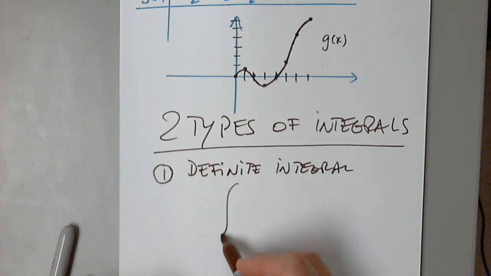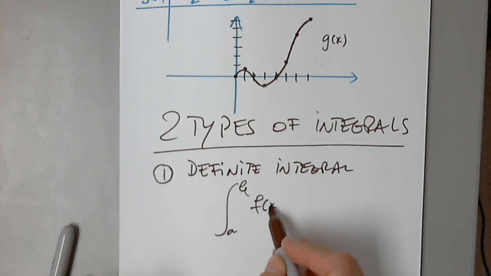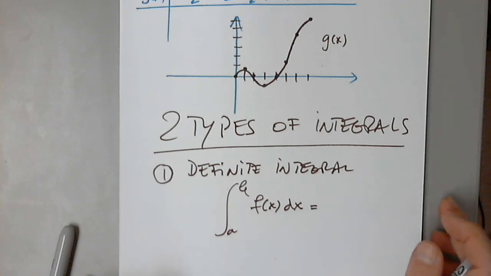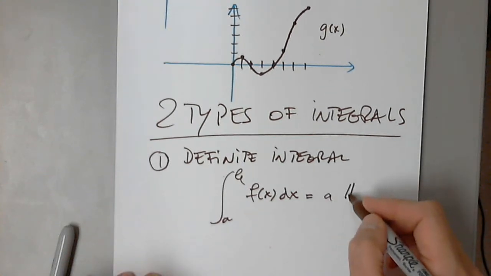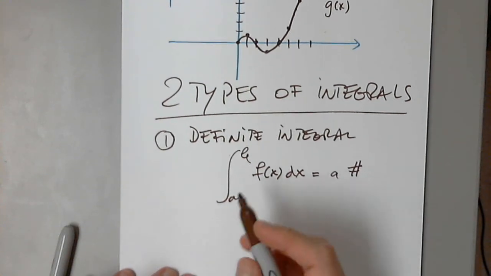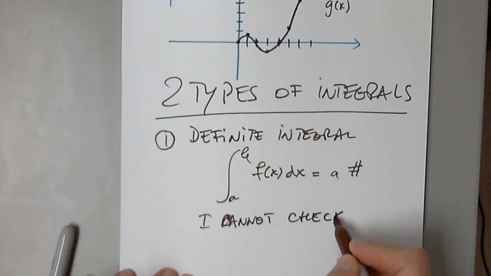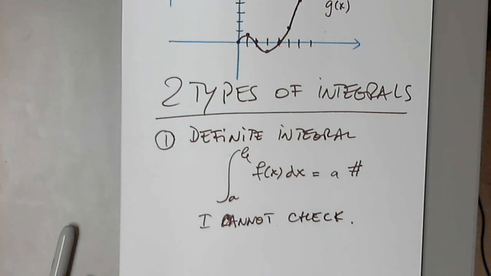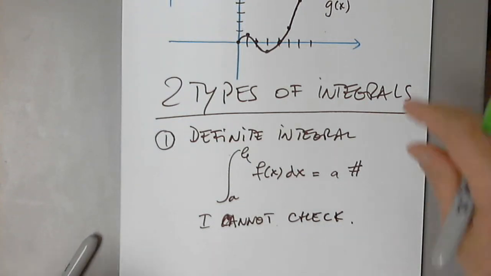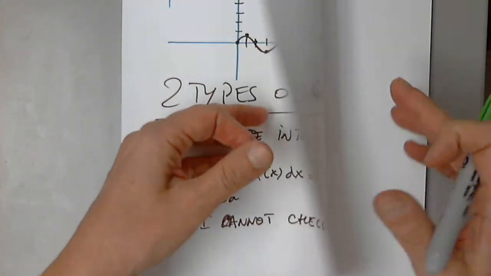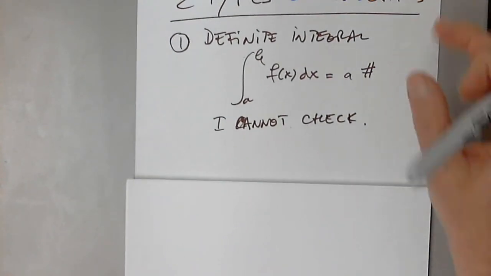It has limits of integration, and it's a number. The problem is that I cannot check it. I can only hope. The second type of integral is the indefinite integral.